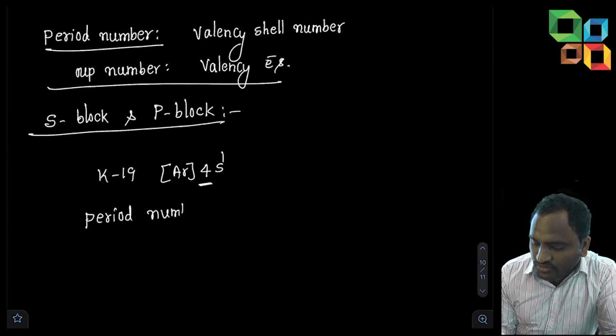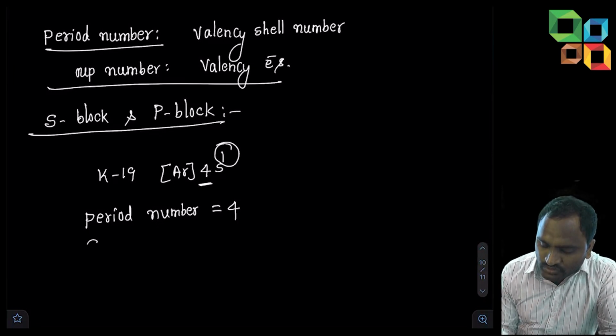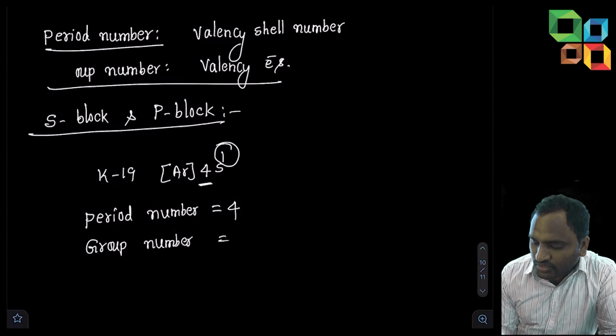So the period number is equal to 4. And the number of valence electrons, how many are there? Only 1. So that itself is the group number. So potassium belongs to first group and 4th period.